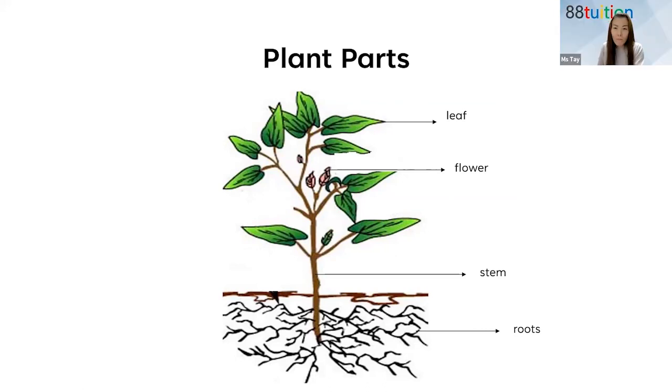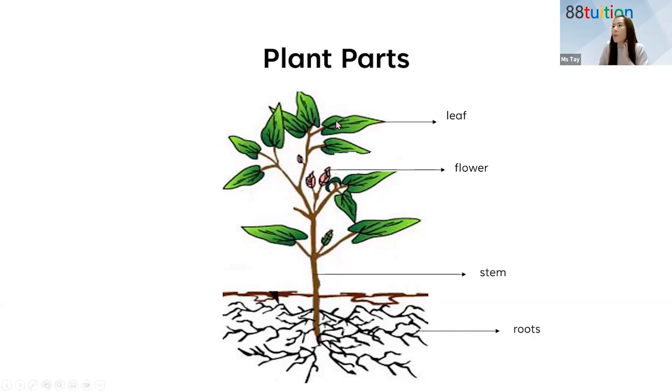That is germination. So in general, the seed will become a young plant, the seedling. And then after that, it will form the adult plant, and the cycle will just go on. But in between, there are so many other processes that you need to know.